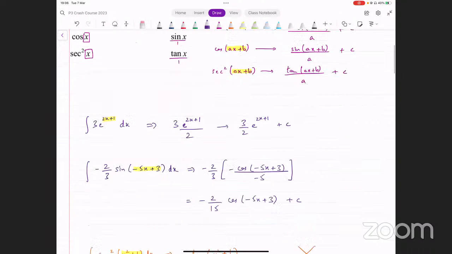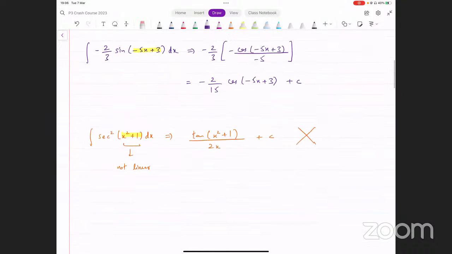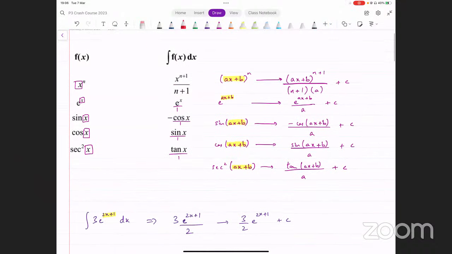We did some examples in this, and we said it's important that whatever comes in place of x in these rules is linear. If it's not linear, we cannot use these rules like this. Whatever comes in place of x has to be of the form ax plus b. When you're integrating, you also have to divide by the derivative of that.